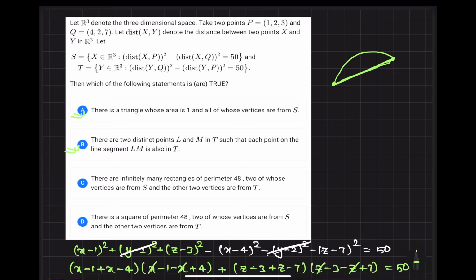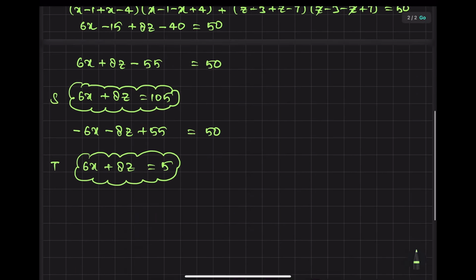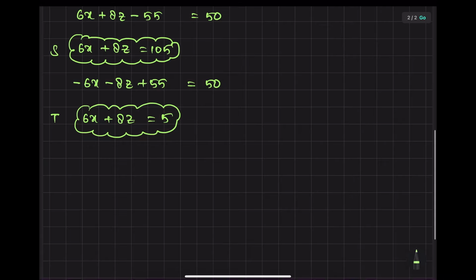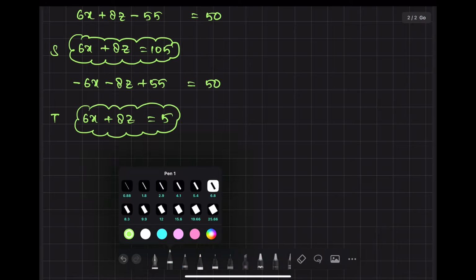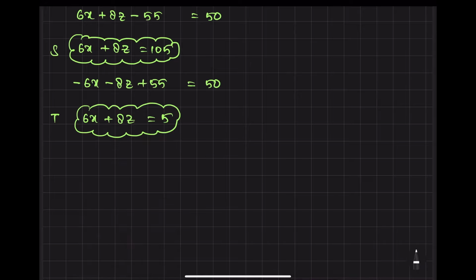Now there are infinitely many rectangles with perimeter 48, where two vertices are from S and the other two vertices are from T. Great. So look at this. First we will try to find out the distance between these two planes. As these planes are parallel, let's find the distance.